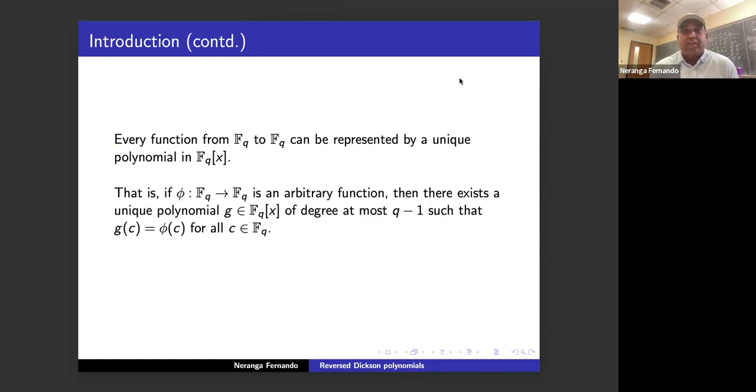Given an arbitrary function, if you want to find this polynomial, all you have to do is use Lagrange interpolation. That means studying permutation polynomials over F_q is equivalent to studying bijections from F_q to F_q.